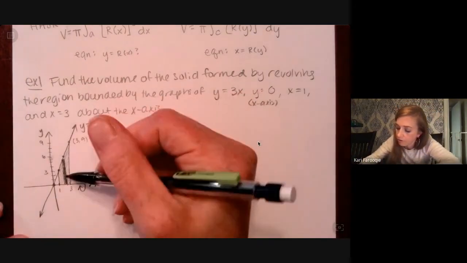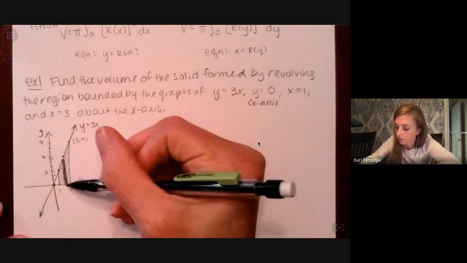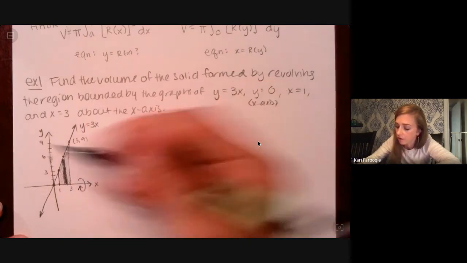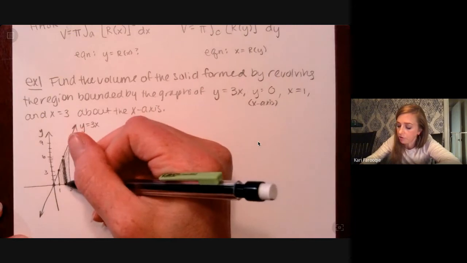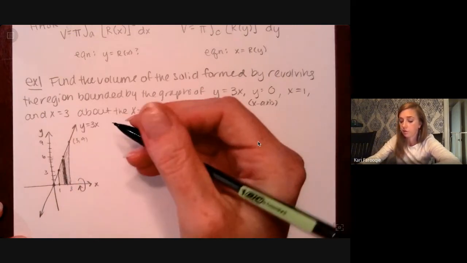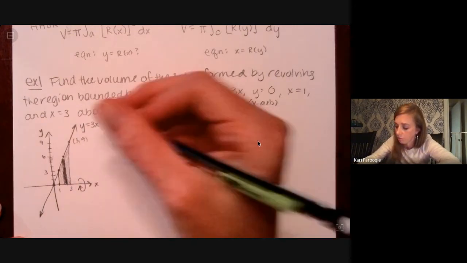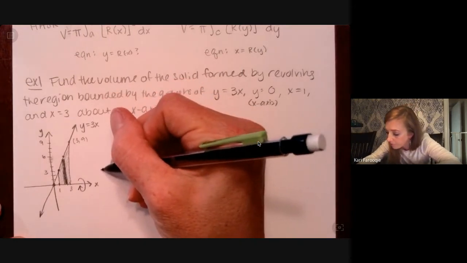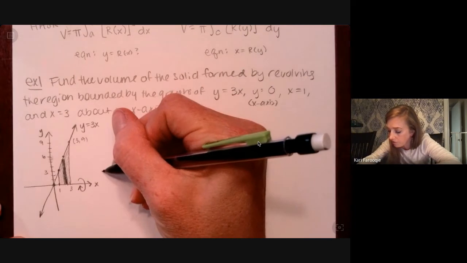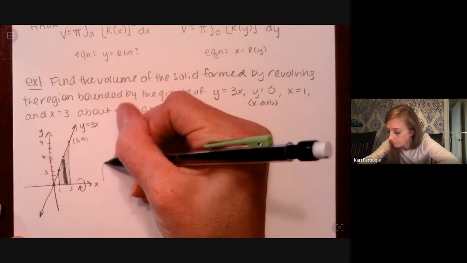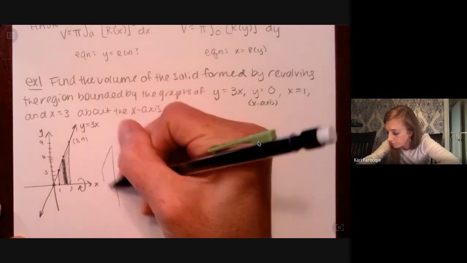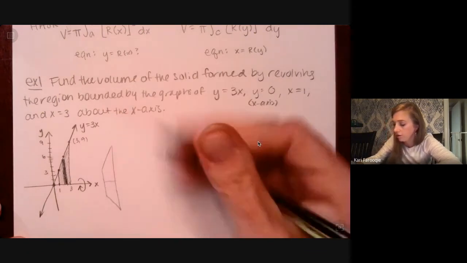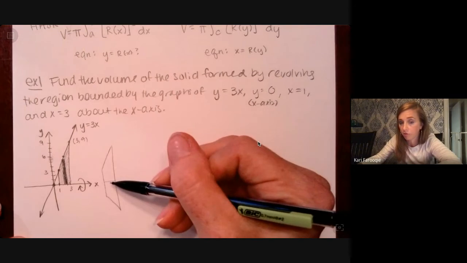So the radius, by the way, is just going to be dictated by whatever the height of the rectangle is. You're looking at this right now from a side view, but if you think about what this figure is actually going to look like as it gets rotated through, it's basically going to be this thing, kind of like that, if you were to look at it from the side.